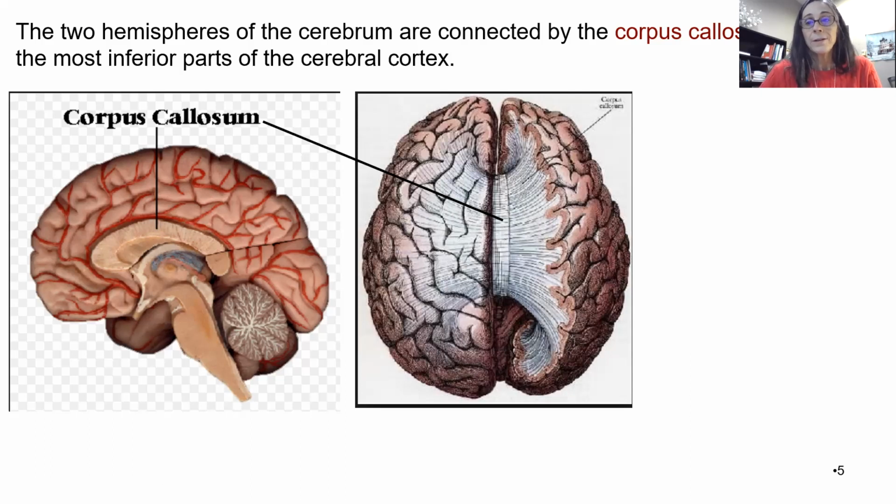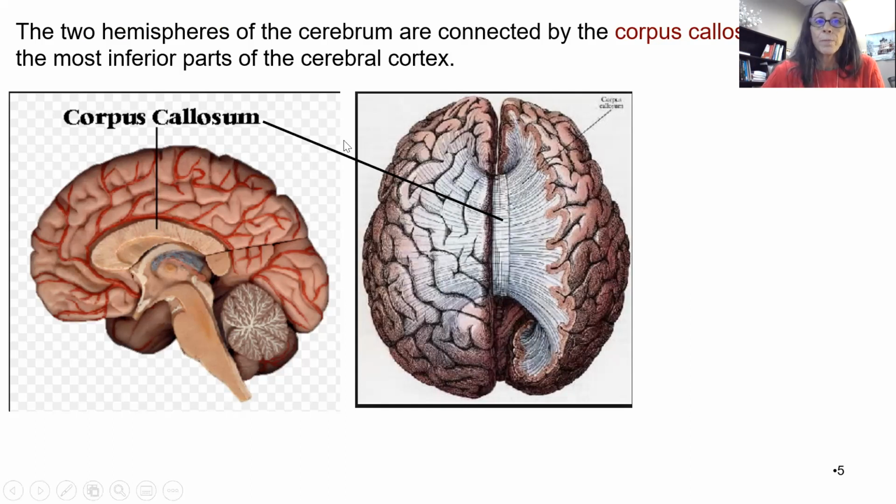So why would you need a freeway? Well, many of the responses or actions generated by the cerebrum have to be coordinated with responses from both sides of the cerebrum. So from the left hemisphere and the right hemisphere.